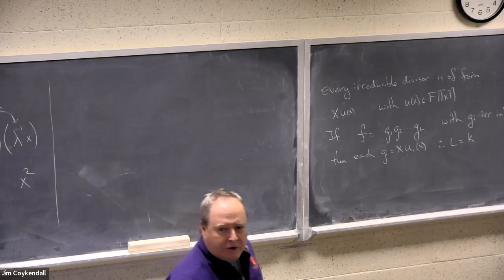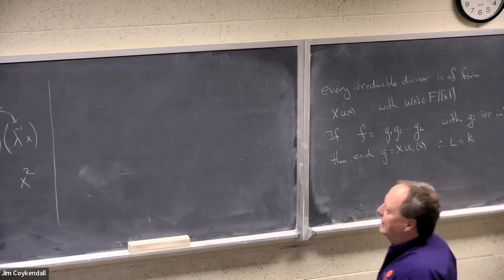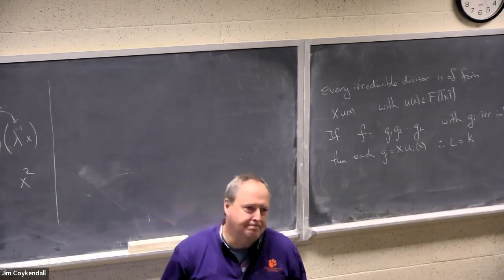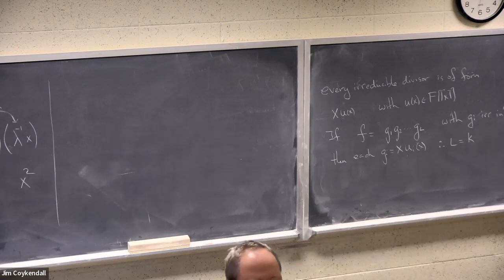So many years ago, there was a challenge issued by Narkiewicz, a very well-known Polish number theorist. And the challenge was something like this. Everybody knows that if you have a ring of integers with class number 1, it can only be a UFD, right? I think it was kind of open-ended.